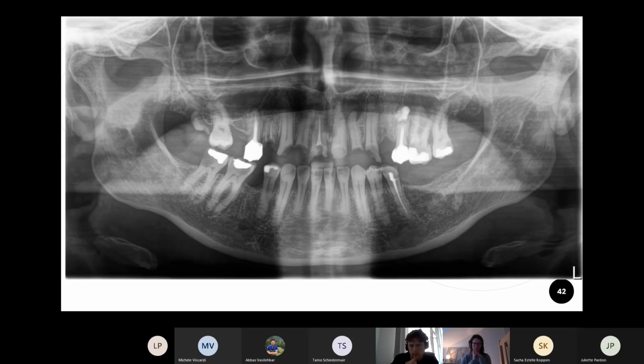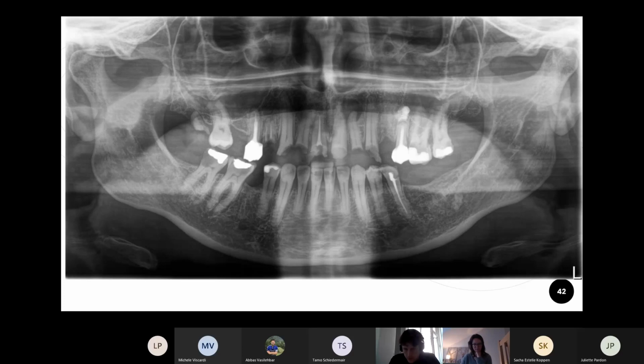I guess you would have to take a periapical projection from this area to see properly what it is. And then again, in number 6 and 7, you have the amalgam fillings, and also you can see the secondary caries. You can see the radiolucency under the margin of the filling.